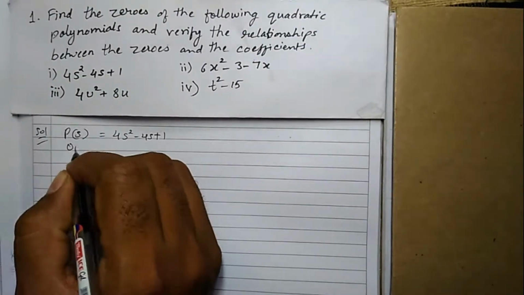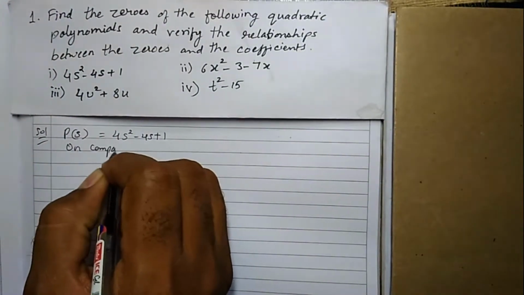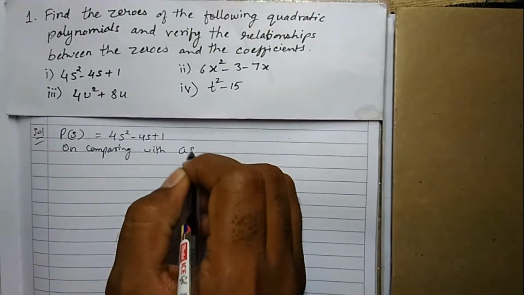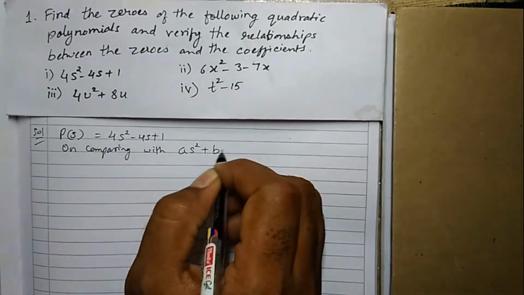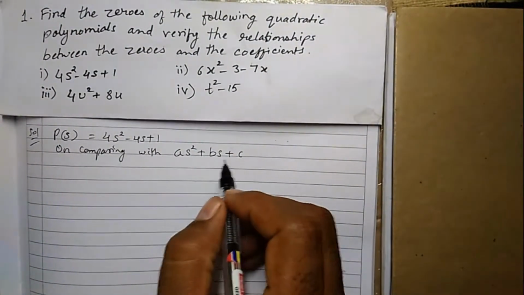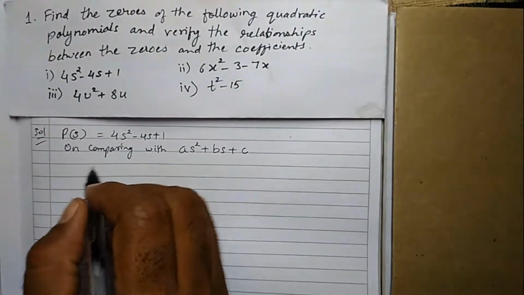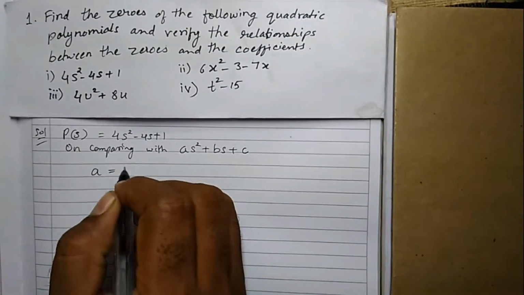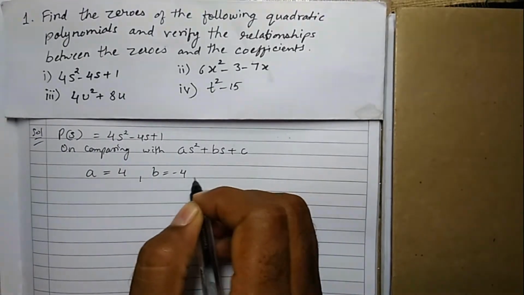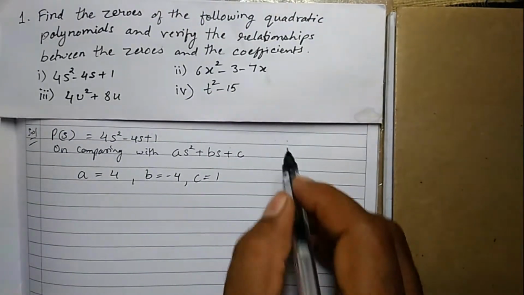So on comparing with as square plus bs plus c, it is the standard polynomial. We will get a equal to 4, b equal to minus 4 and c equal to 1.